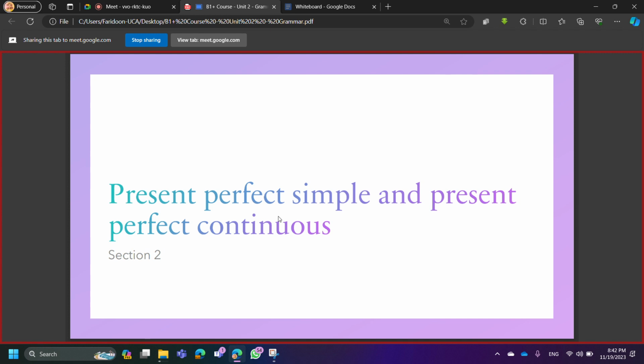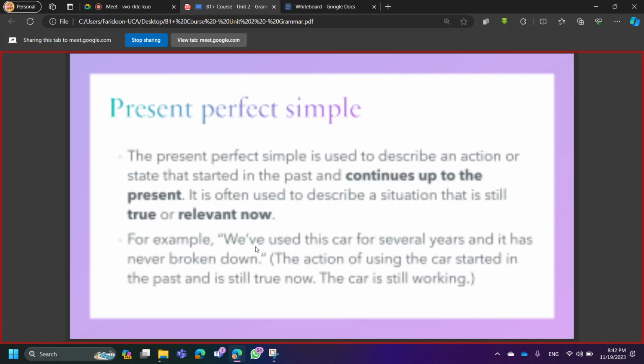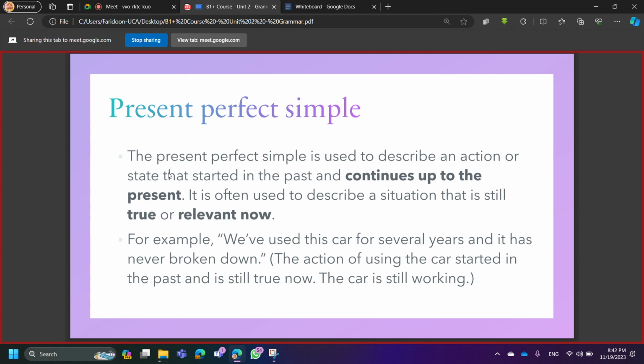Okay, so present perfect simple and the present perfect continuous. Okay, so the present perfect simple is used to describe an action or a state that started in the past and continues up to the present. It is often used to describe a situation that is still true or relevant.